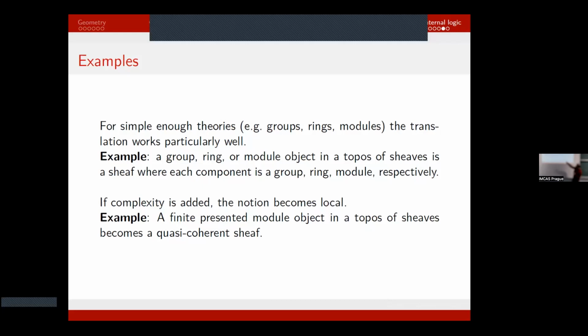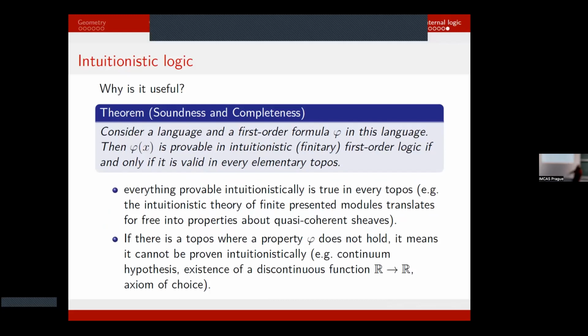I mean, it seems like it's getting more complicated, but there's extremely good news, which is this logical theorem of soundness and completeness. It tells us that if we consider a language and a formula, then the formula is provable in intuitionistic first-order logic if and only if it is valid in every elementary topos. What does this mean? It means that everything that I prove intuitionistically about, for instance, finitely generated modules, which have an easier theory compared to quasi-coherent sheaves, will give us for free a result about quasi-coherent sheaves.